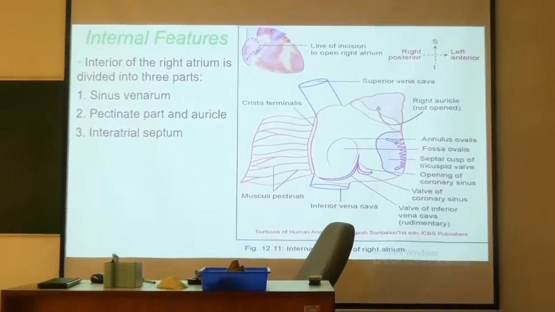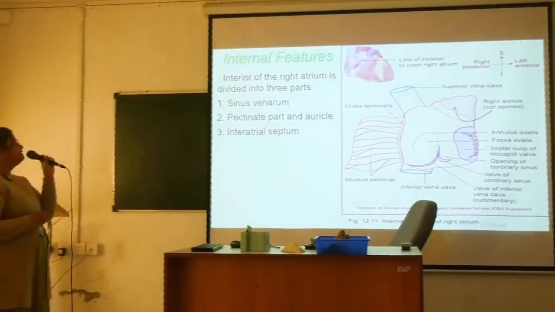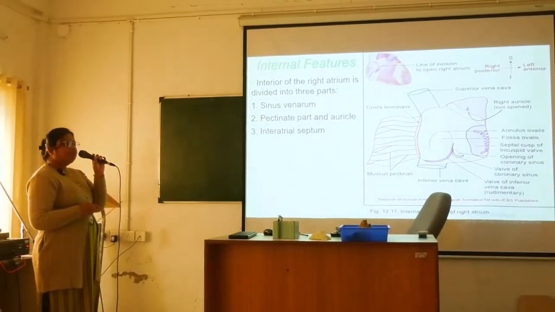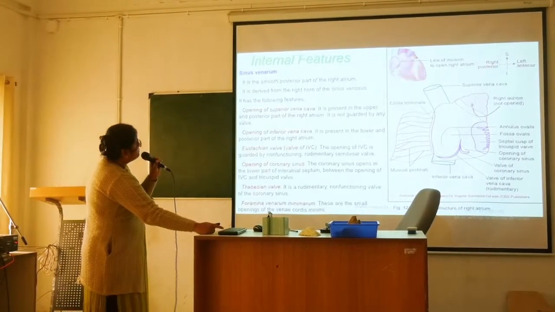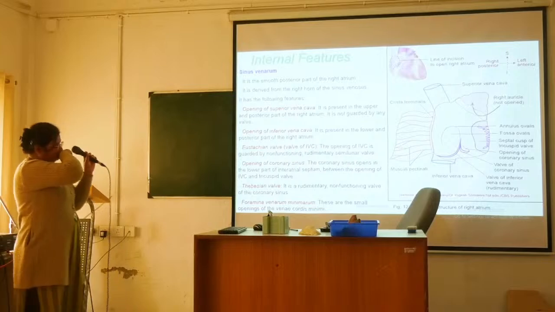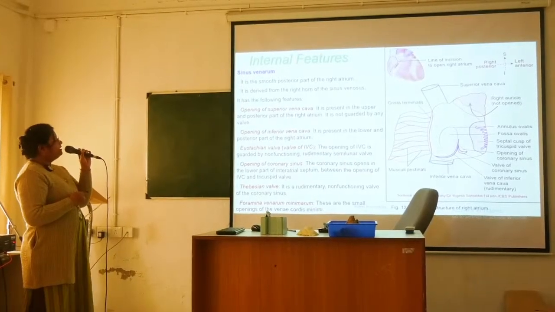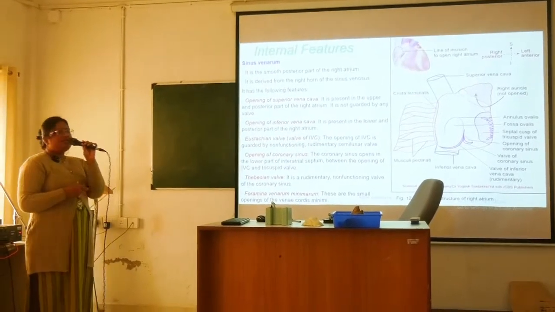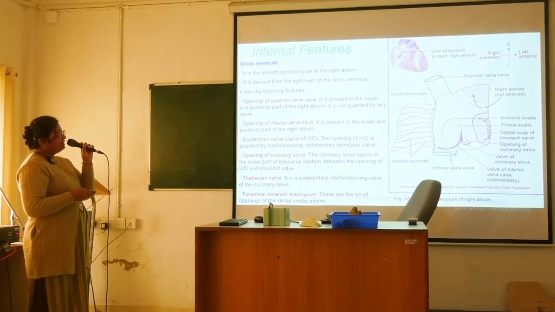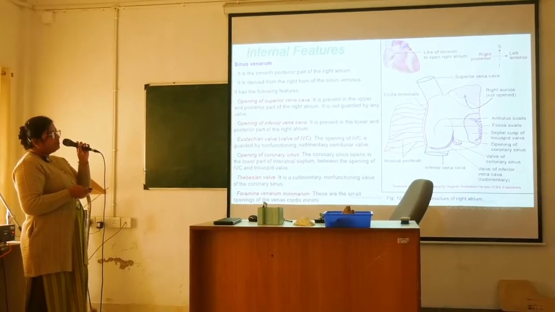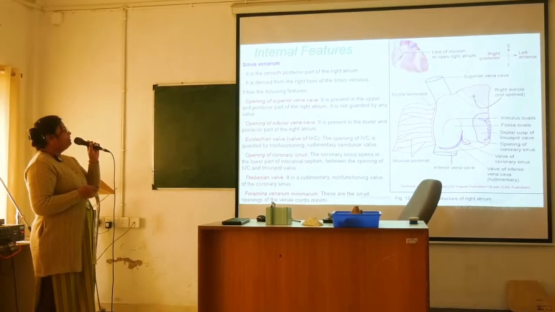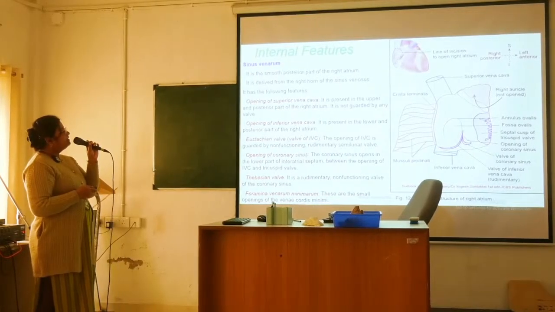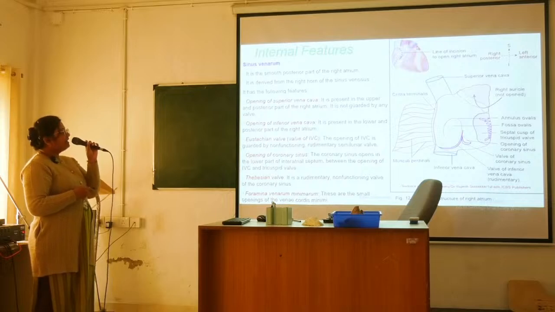So the interior of the right atrium is divided into three parts: sinus venarum, pectinate part and auricle, and the interatrial septum. The sinus venarum is the smooth posterior part of the right atrium. Here, this part is the sinus venarum, where these veins are opening, and it has the following features: the opening of the superior vena cava, present in the upper and posterior part of the right atrium, not guarded by any valve.